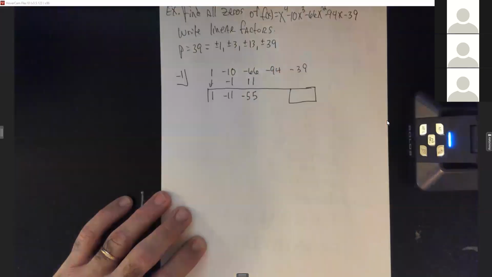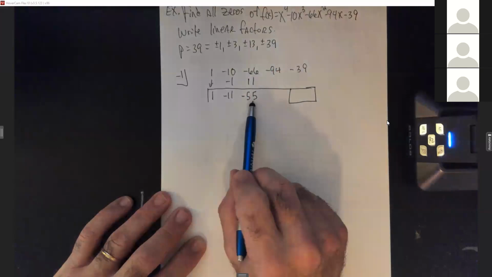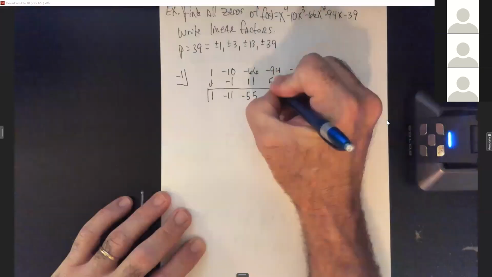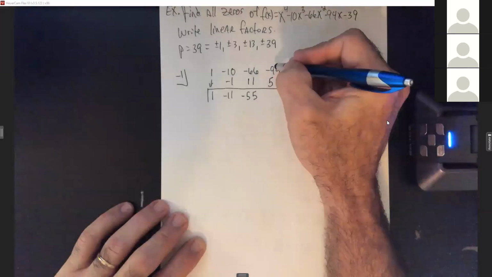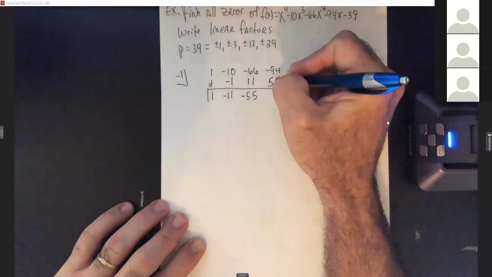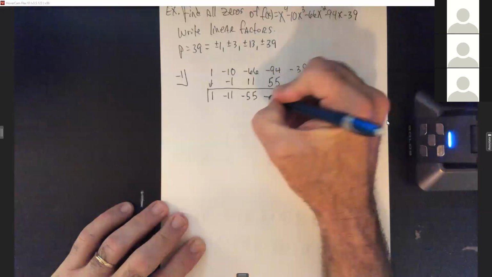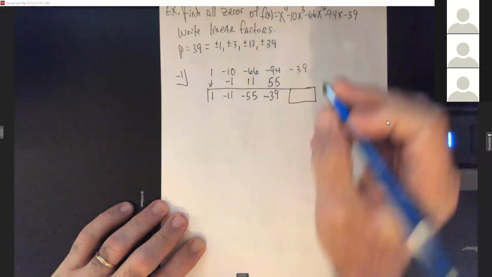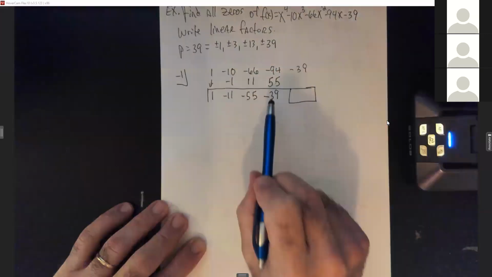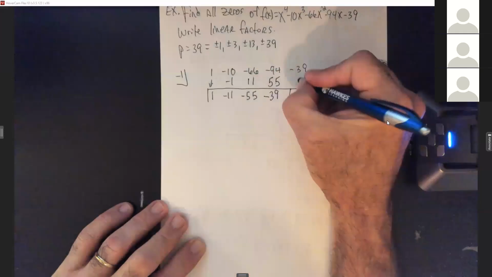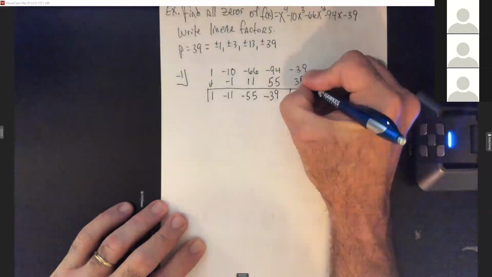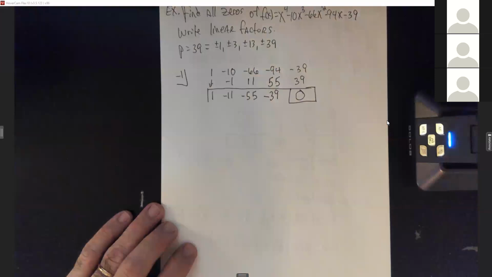We've got to watch these signs. -55 times -1 is a +55. -94 plus 55 will give you a -39. And then -39 times -1 is a +39, which gives me a 0 remainder.